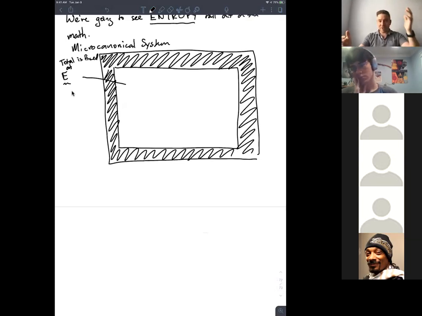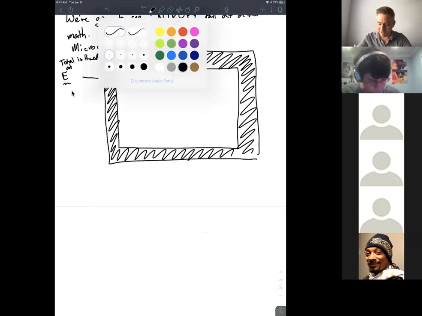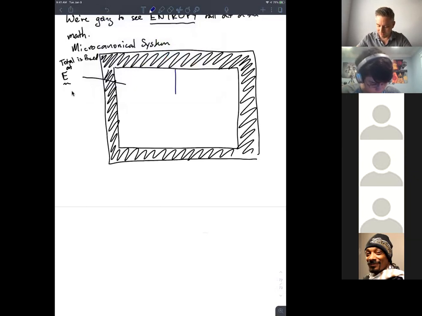All right, so now what are we going to do that's different? We're going to take our microcanonical system and just divide it into two. So I'm going to put a barrier down the middle of the box.